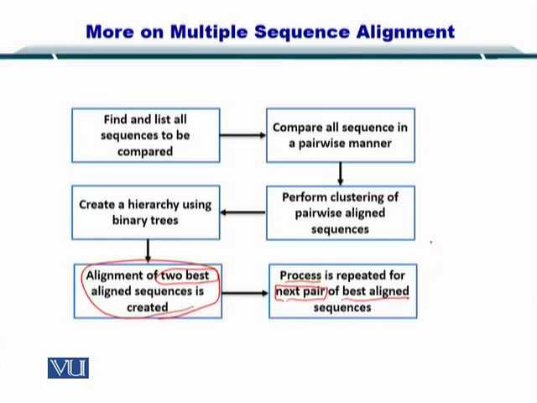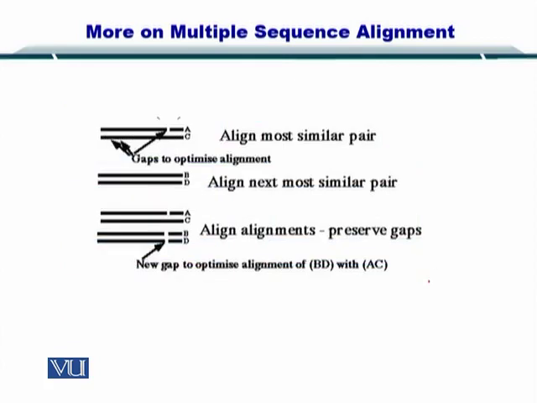So essentially, if you have 2 sequences, 1 and 2, given by A and C here, and you have aligned both of them, and for the next B and D sequences you have aligned them as well.